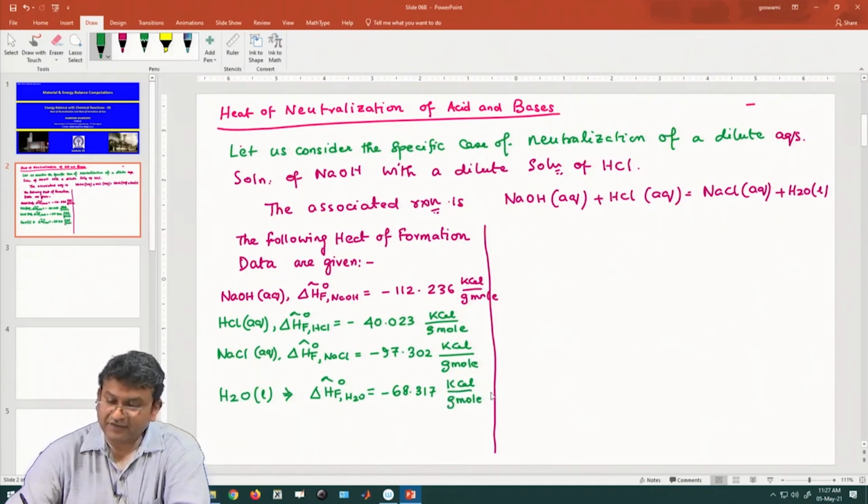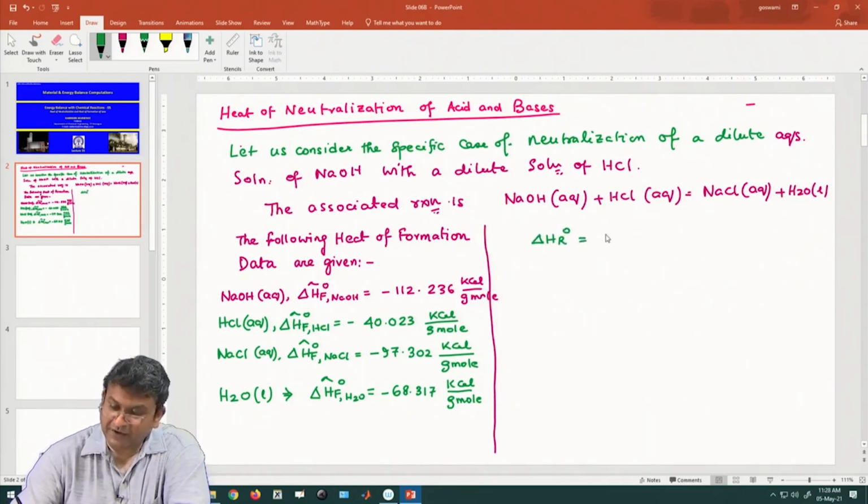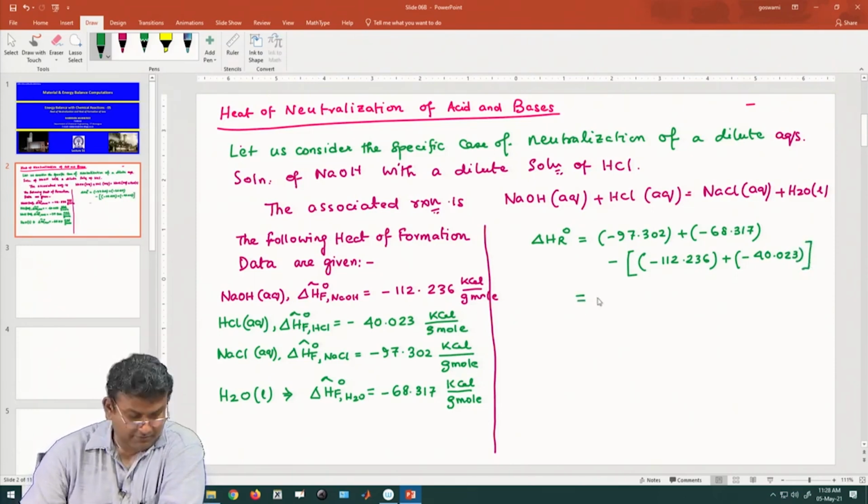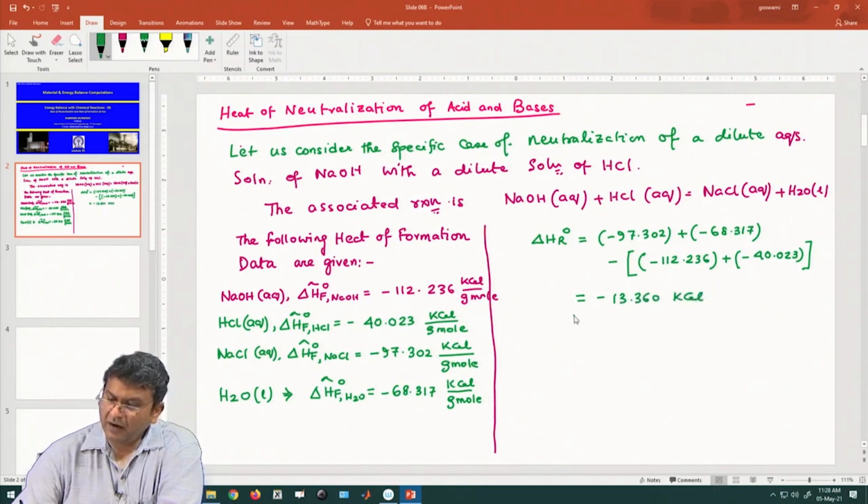So, if this be the case, then since all the heat of formations are known, the heat of reaction for this particular reaction can be easily found out. And it turns out to be minus 13.360 kilocalories, which is fine.